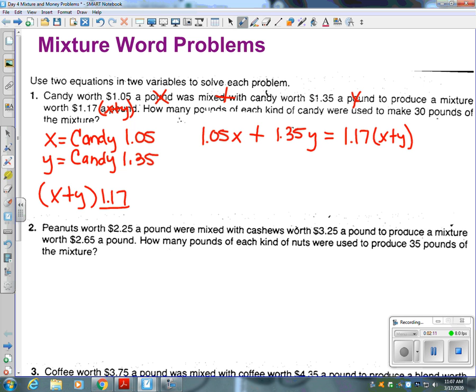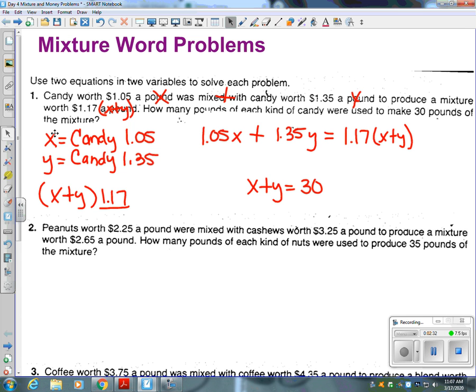Okay, so then the next piece is asking you to find how many pounds of each kind of candy were used to make 30 pounds of the mixture. So you're going to mix it up, so X plus Y, and we're only allowed to make 30 pounds.